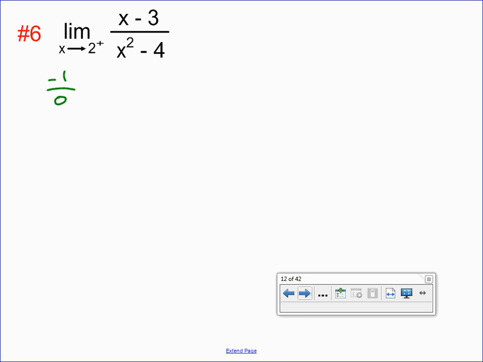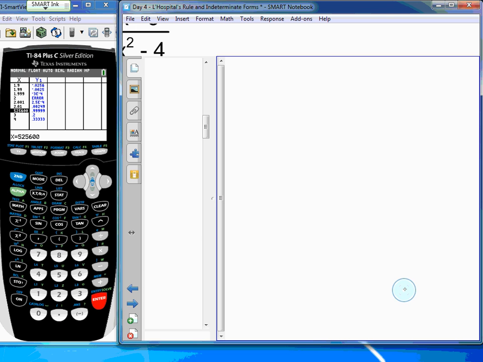Larger, and so this is going to be a little bit more than 4. Take away 4 is a little bit positive. Why do we care? Because I get a negative over a positive. Overall, this suggests that we must be approaching negative infinity. Let's go ahead and see if we get negative infinity.